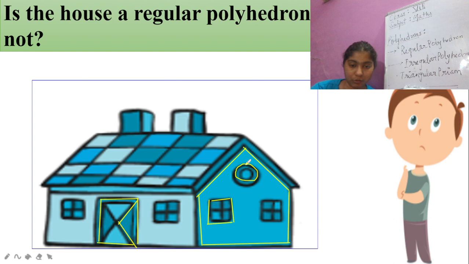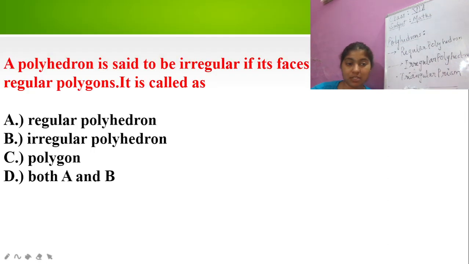Now students, read the statement. I've given you a few options. Choose from there and give the answer. A polyhedron is said to be regular if its faces are not made up of regular polygons. It is called as dash. Regular polyhedron, irregular polyhedron, polygon, or both A and B. What do we call such polyhedrons?